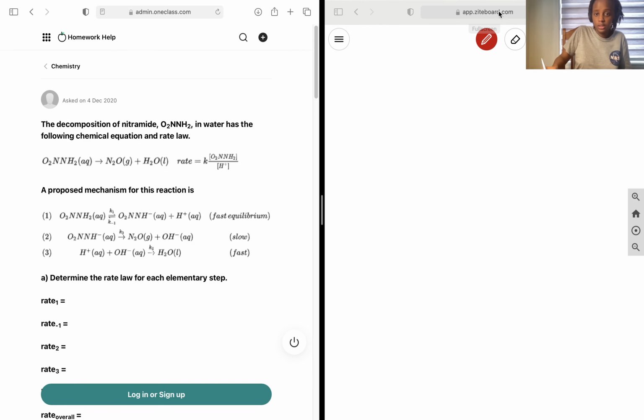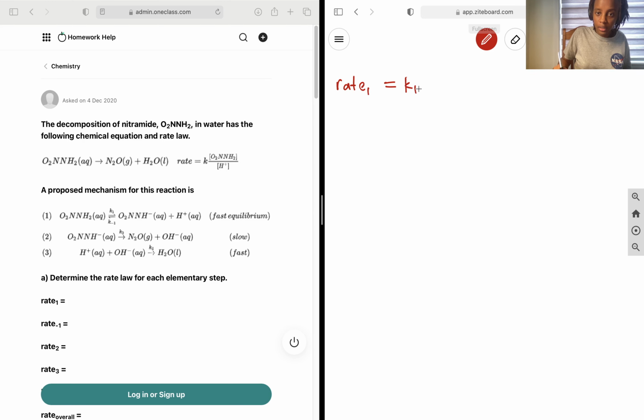Okay, so let's start by determining the individual rate laws. And we know that the individual rate laws depend on the reactants used. And so for rate 1, it's called the molecularity.